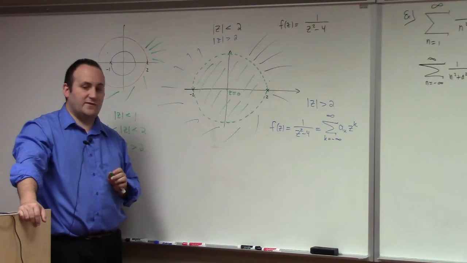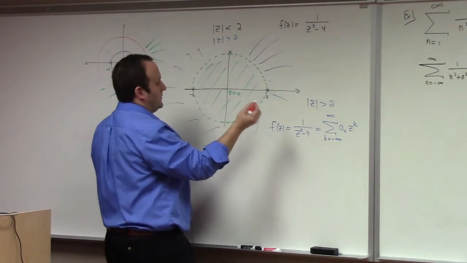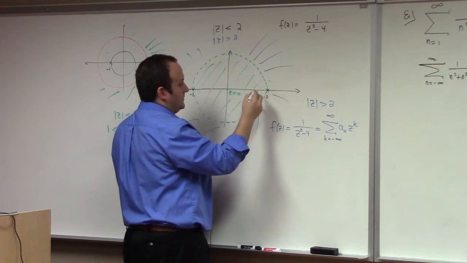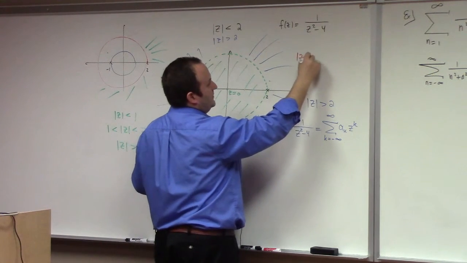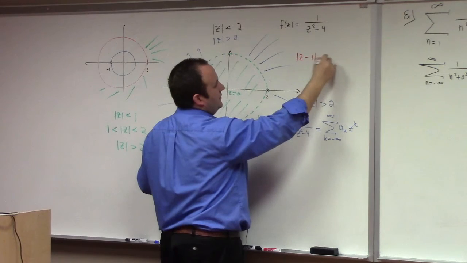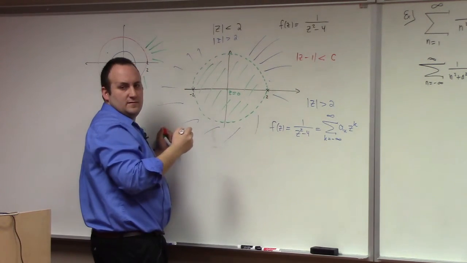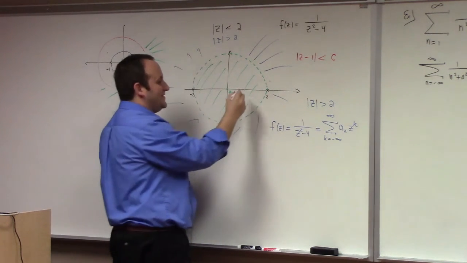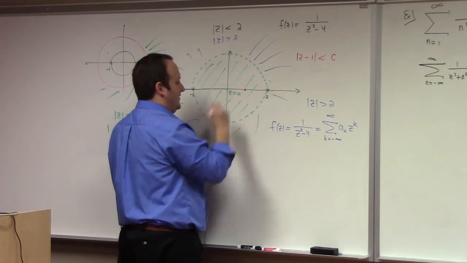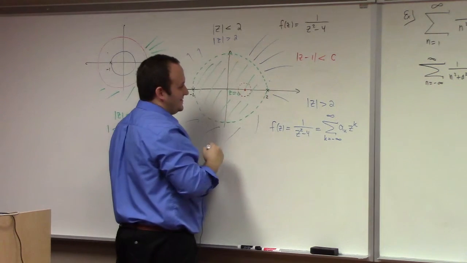Now, what was the other case? You said it was centered at z minus 1, less than c. What is c given to be? It says find the largest possible value. Ah, well, I can't say too much, but if you think about this, that'll work.